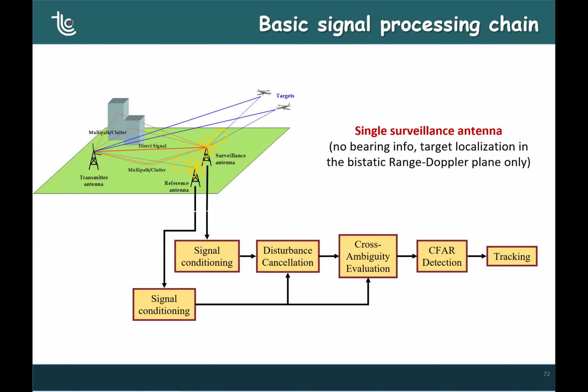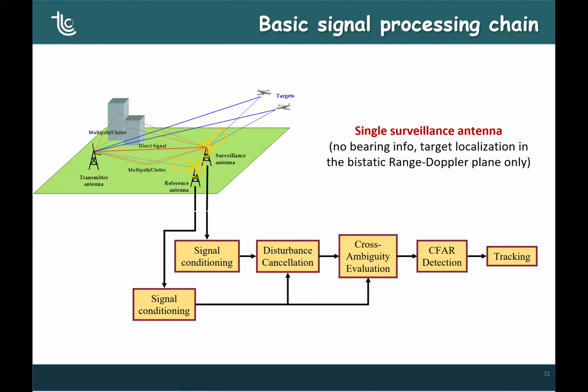First of all, we recall that there are two different channels. One is the surveillance channel, and the other one is the reference channel. In the surveillance channel, ideally, we want to receive only the scattering, so the echoes from the targets, and the thermal noise.